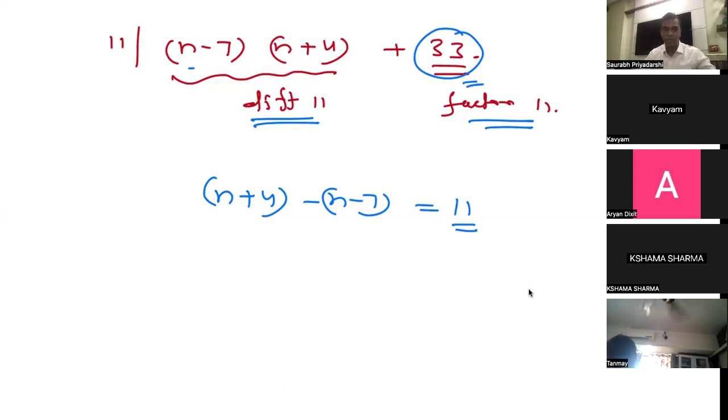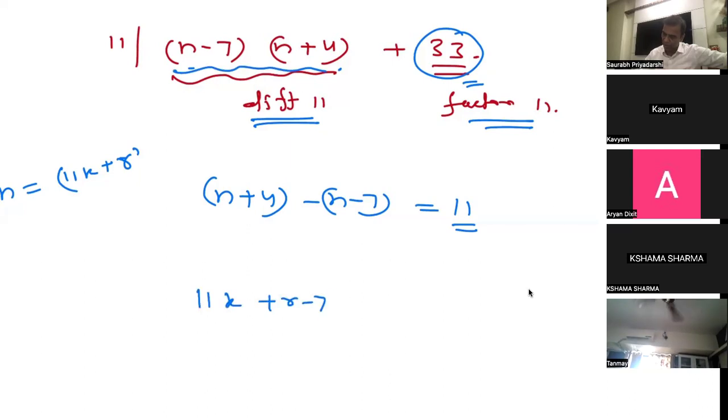If I'm taking 11 as a factor of this, means n you are taking as n is equal to 11k plus any of the number 1, 2, 3, 4, right? And 11k plus r, right? So these two numbers are showing 11k plus r minus 7 and 11k plus r plus 4, right? Plus 33.